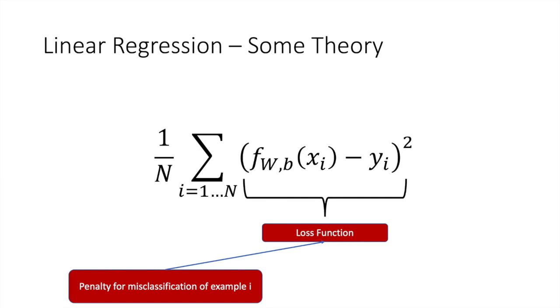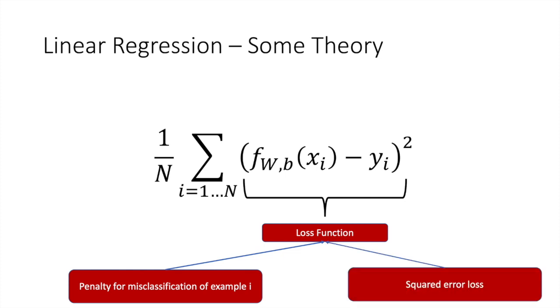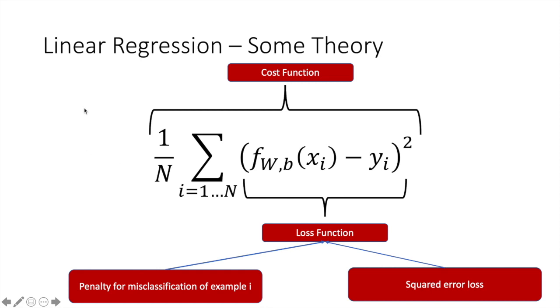All model-based learning algorithms have a loss function, and what we do to find the best model is basically to try to minimize the objective known as the cost function. And the cost function is the whole thing here, basically.